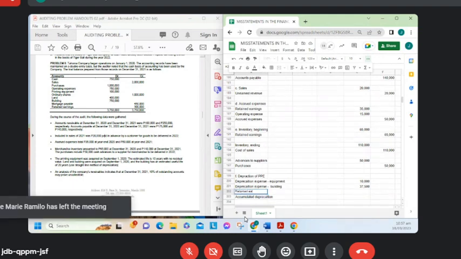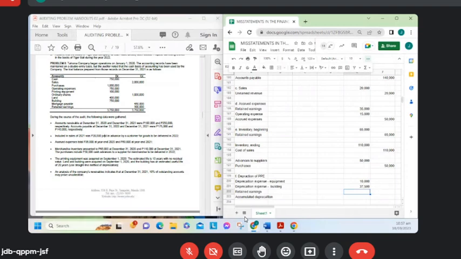Retained earnings, that will be the 100,000 divided by 10 years times 4 divided by 12.